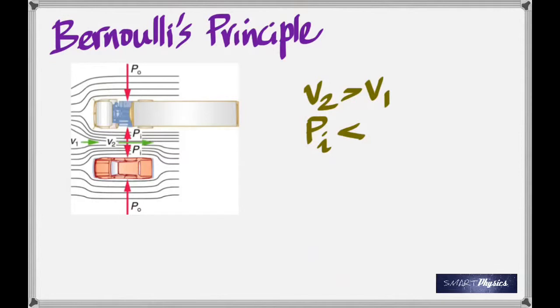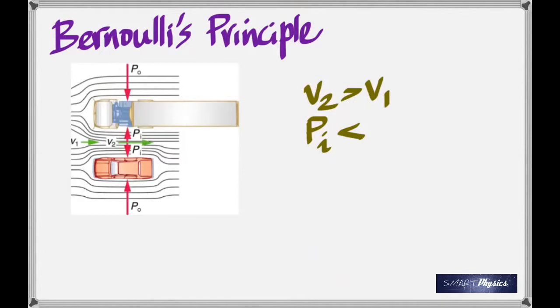The relative velocity is like 25 now. So what I'm saying is this. Between the vehicles, the velocity of flow will be higher. Where the velocity of flow is higher, I'm going to show you that the pressure will be smaller. That's the important part.